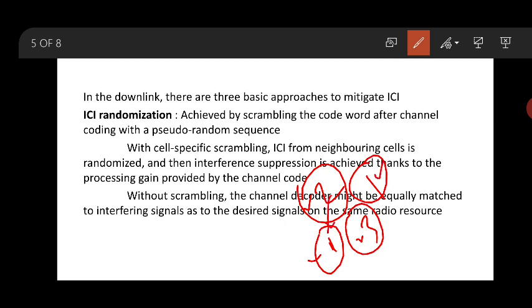Now you are getting signals from 2, 3 as well as here. If the user is here in cell number 1, the corresponding code will be generated randomly from cell 1, and it will recognize that the signal is coming from the corresponding cell.